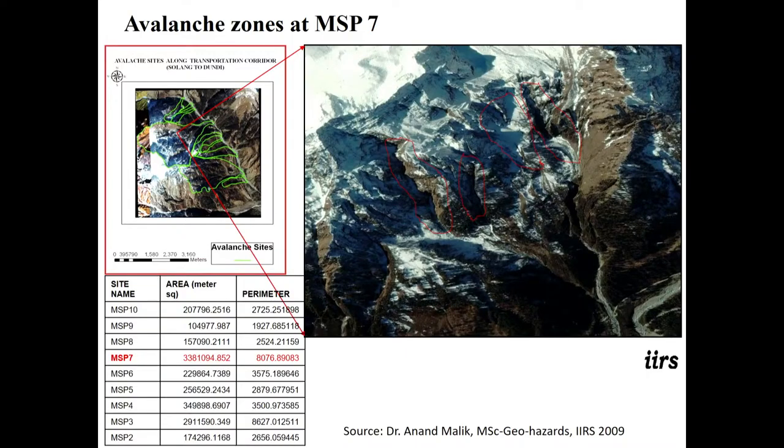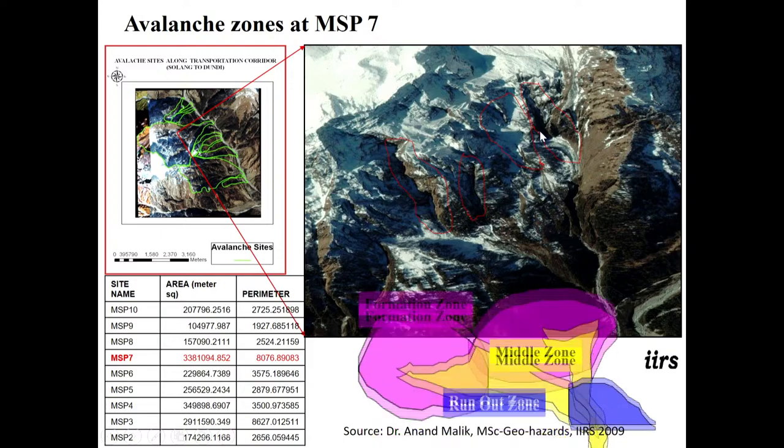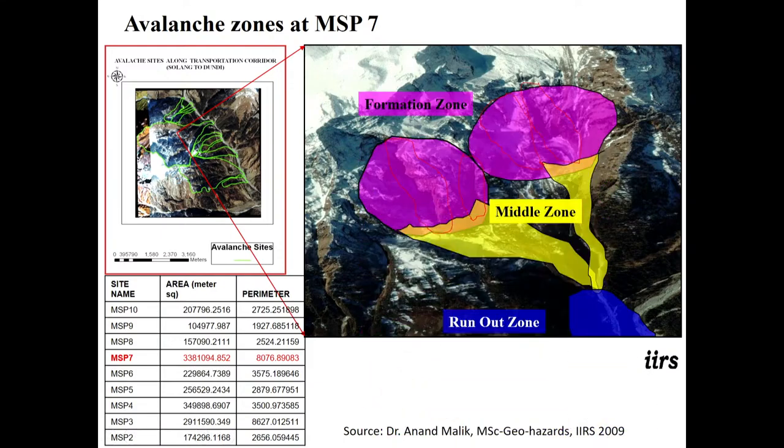He has done the study for different sites. The most probable avalanche sites have been identified, and the analysis has been done. You can see here this is the formation area, this is the middle zone, and this is the runout zone where the deposit will come and deposit.